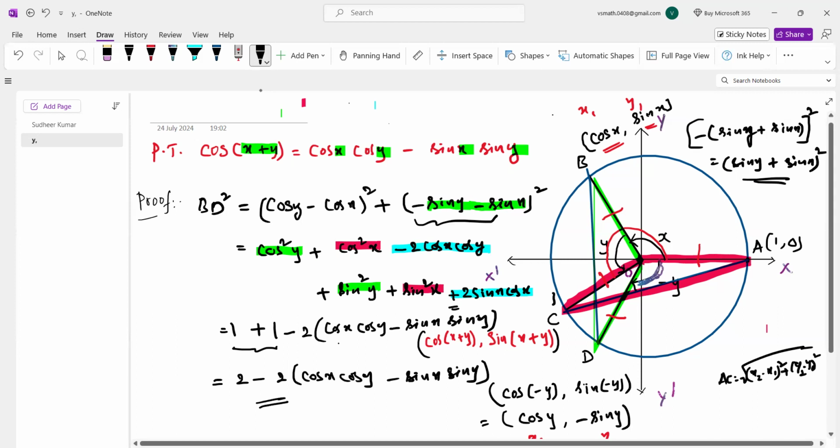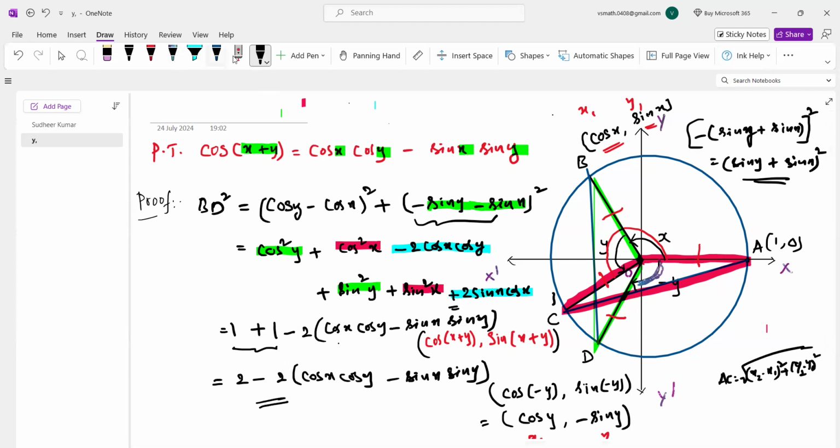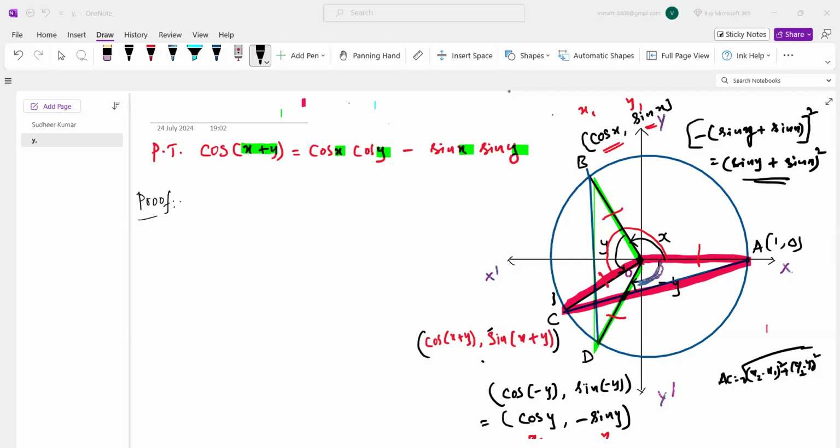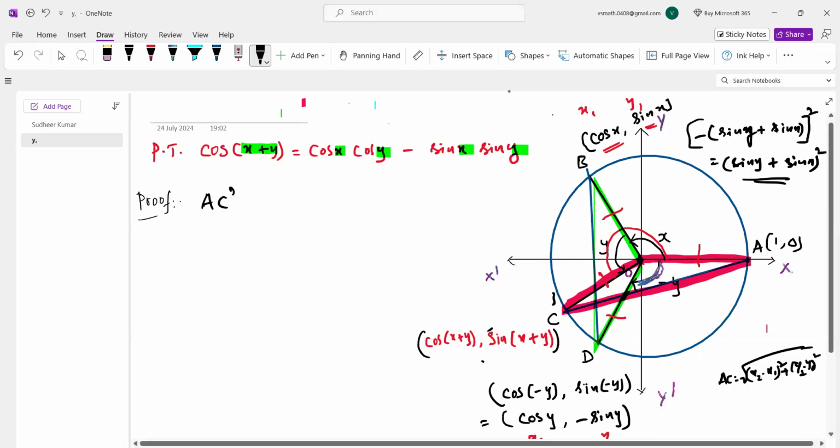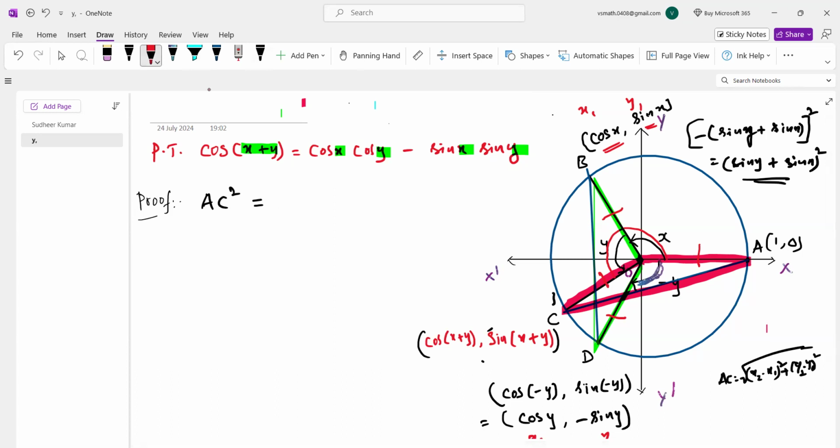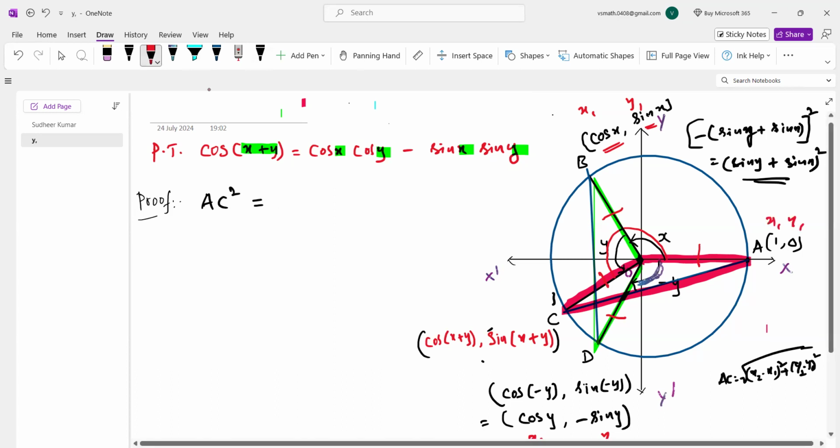Now let's find AC square. Now AC square equals, let's consider this is x1 y1 and this is x2 y2. Then we can write x2 minus x1 whole square.